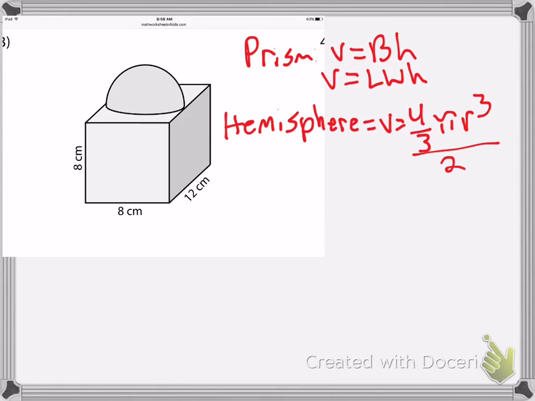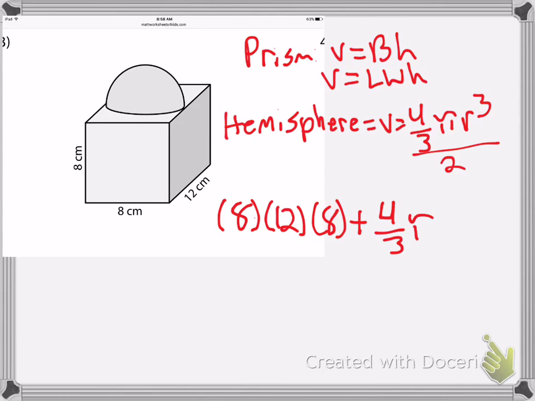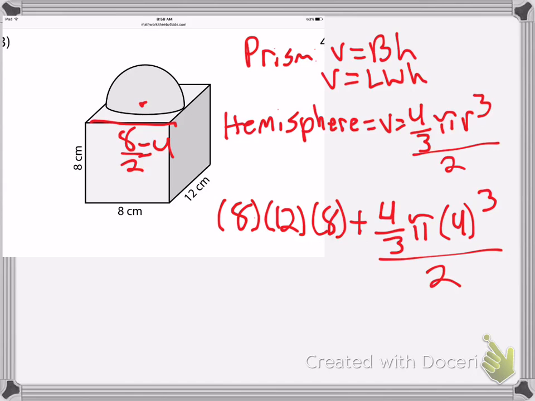In order to do this, we're going to find the volume of the rectangular prism, which is going to be 8 times 12 times 8, and then you'll add that to the volume of the hemisphere, which is 4/3 pi times the radius, and the radius would be half of the diameter. So our diameter is 8, so half of 8 would be 4.